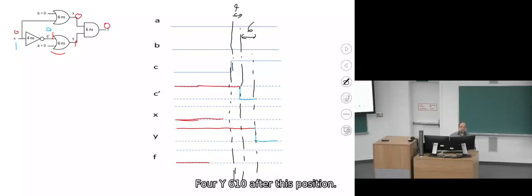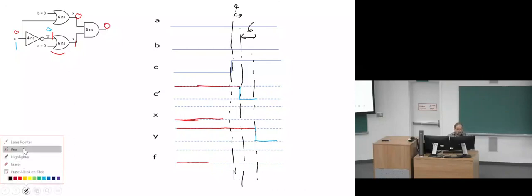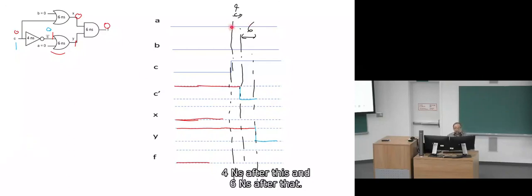For Y, should it be 10 after this position or 6? It is 10 after this position. So you see here, 4 nanoseconds after this, and 6 nanoseconds after that. So Y is 10 nanoseconds after the transition of C, but 6 nanoseconds after C bar becomes 0.